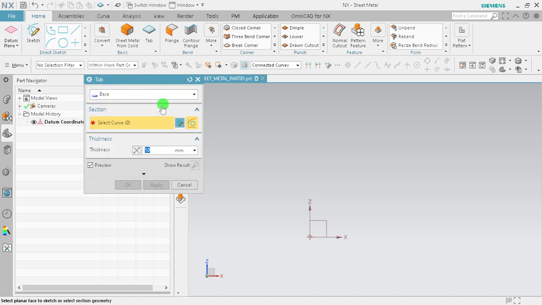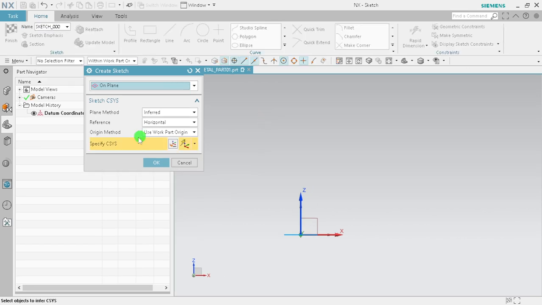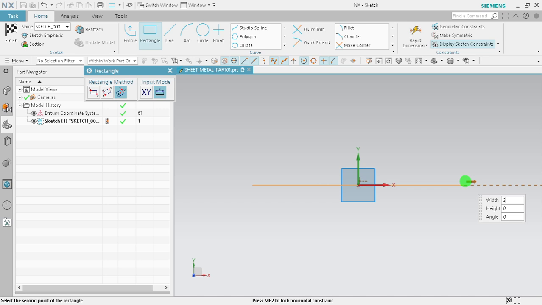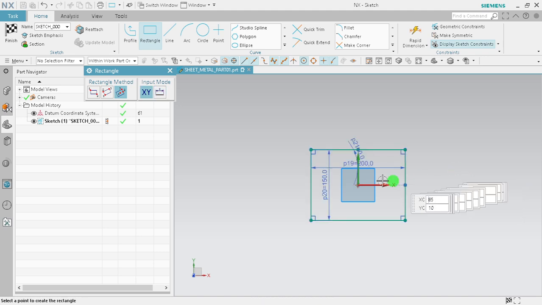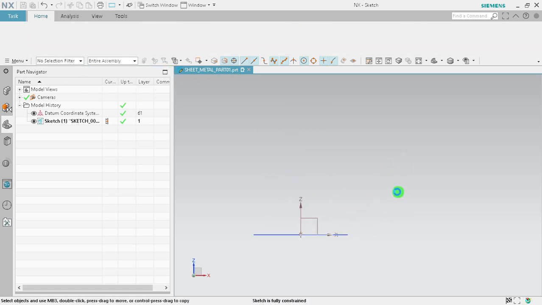So I took a tab command and will create a sketch. I created one rectangle with 200 length and 150 width.